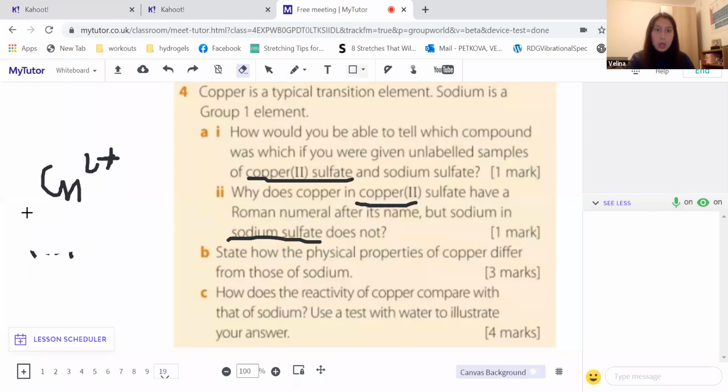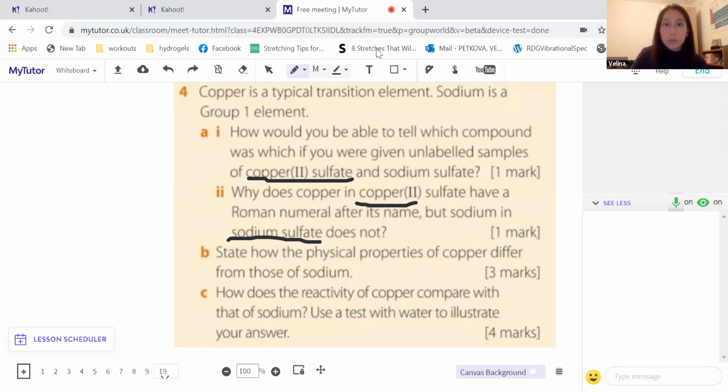Okay. So state how the physical properties of copper differ from those of sodium. What can you name? So copper(II) sulfate is blue. Alkali metal compounds are colorless, so they form white compounds.